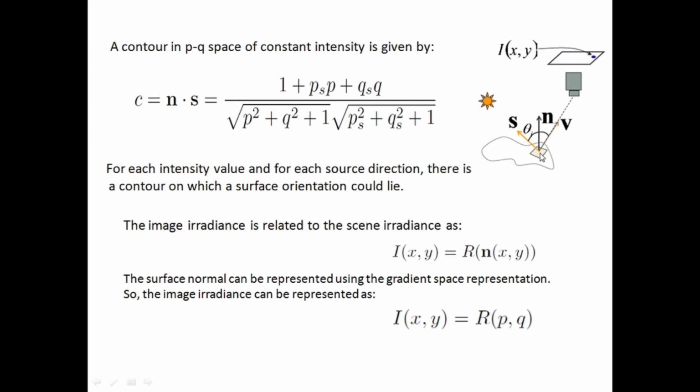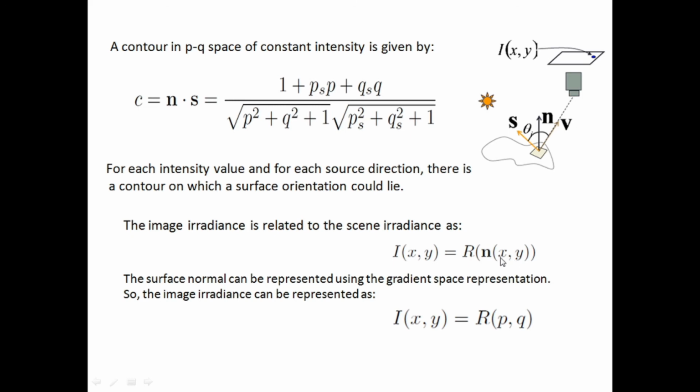If I want to express this in the gradient space, by considering the surface orientation of this surface, I will be using R of P comma Q. That means the surface normal n of x comma y can be represented using the gradient space representation.